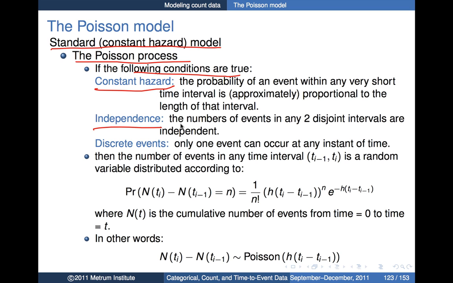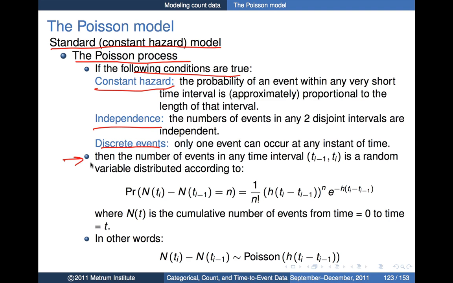Another condition is independence, and that's that the number of events in any two disjoint intervals are independent, and that the events are discrete. In other words, you can't have more than one event occur at the same instant in time, you can only have one event at a time. If those three conditions hold, it turns out that you can describe the counts according to a Poisson distribution.